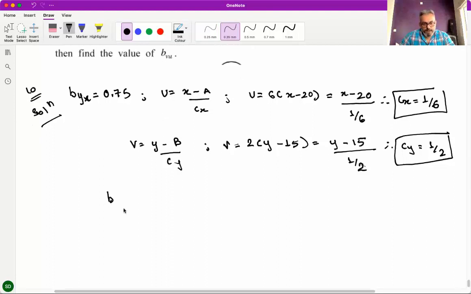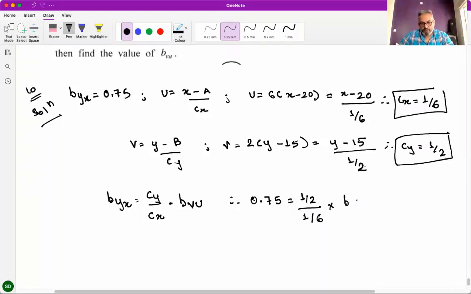So b y on x is equal to C of y upon C of x into b v on u. Therefore, b y on x is 0.75, which is equal to C of y is 1 by 2, C of x is 1 by 6 into b v on u.